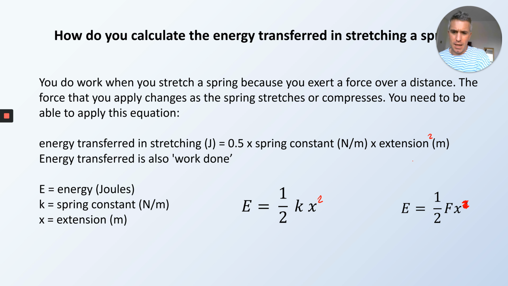Because F equals kx, if I put half Fx, that's half F or kx times x, which is the same as half kx squared. Apologise, I said that wrong at the start. Energy is half kx squared, or half Fx. If I said anything before that was wrong, I apologise.